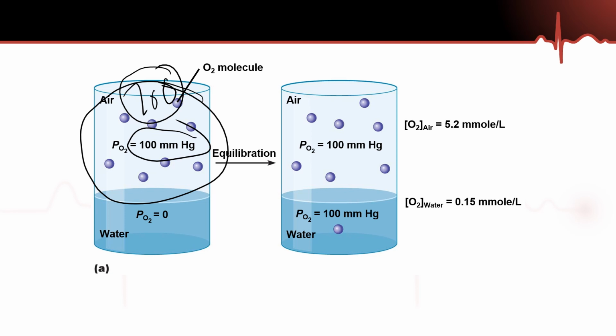Now, within the fluid, there's no oxygen, so the partial pressure of oxygen within the fluid is nothing, non-existent. So there's a big partial pressure gradient. Oxygen wants to move from the air, where its partial pressure is 100, into the fluid, where its partial pressure is 0. And it does. But here's the thing.